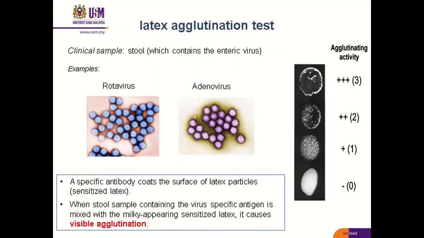The next test is the latex agglutination test, which we use for stool samples such as rotavirus or adenovirus. A specific antibody coats the surface of the latex particle, and when a stool sample containing the virus-specific antigen is mixed with the milky appearing sensitized latex, it causes visible agglutination.